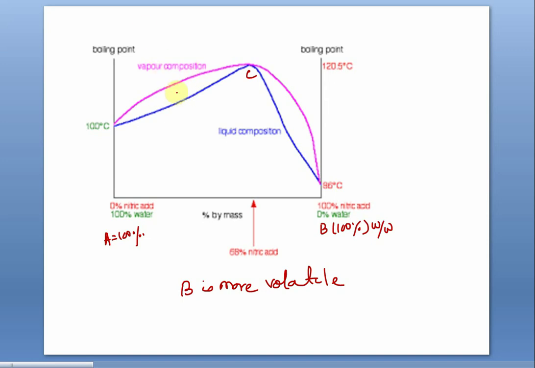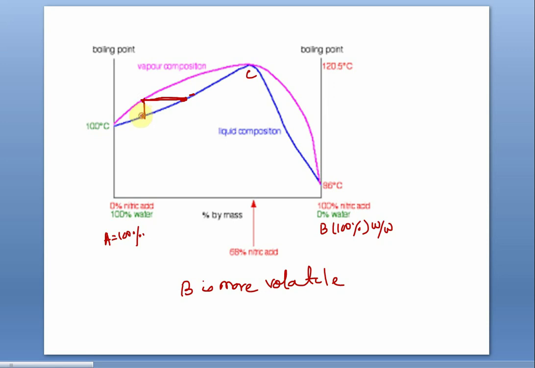Now, let me tell you, supposing I give you, say, 40% nitric acid and 60% water. Then the vapor will be richer in the less volatile component. And when you cool, it will give the first condensate, having a lower boiling point.